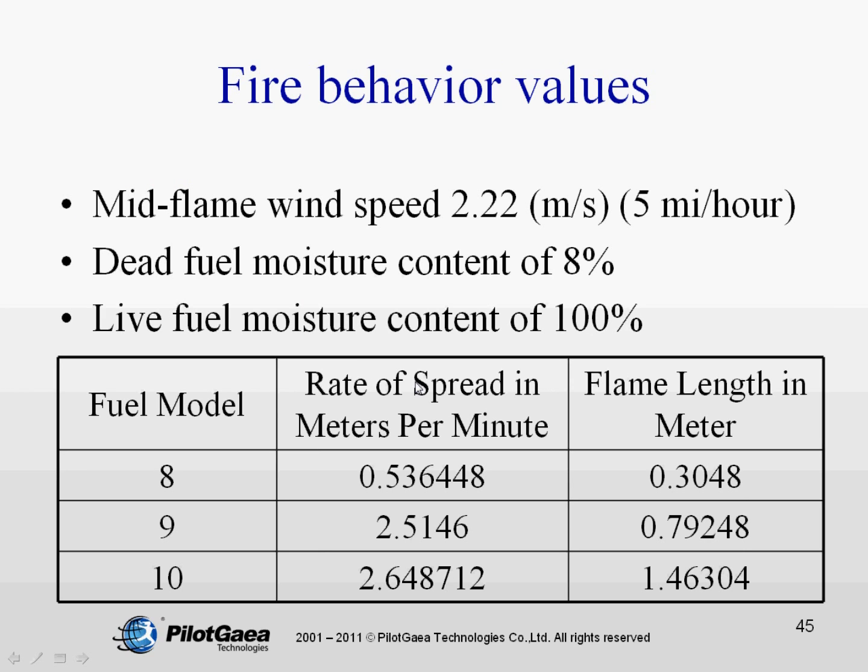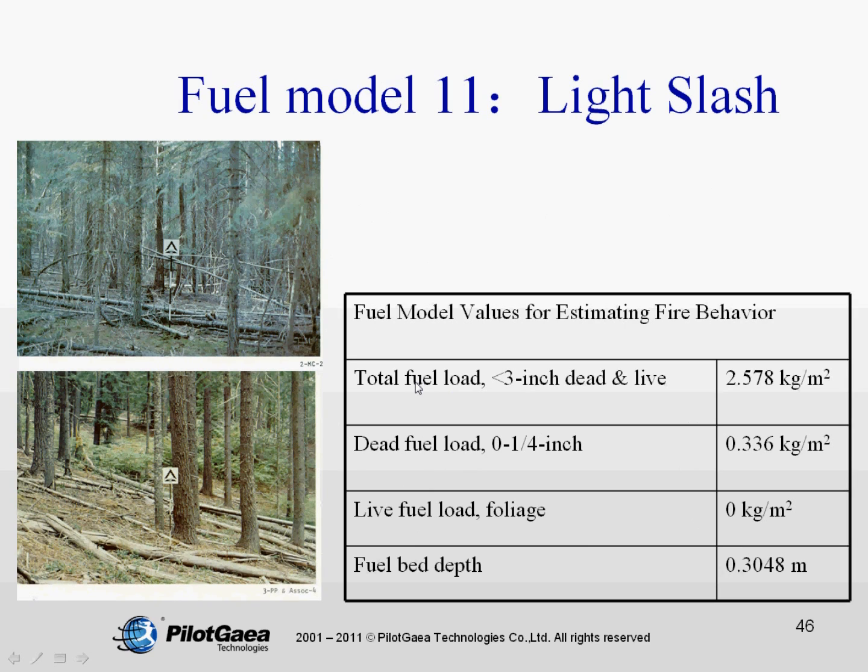The 13 types of models are based on the data from the forest fuel types in the USA. Therefore, the model has some differences from the model in Taiwan. If the model is going to be applied in Taiwan, the data must be updated from the forest database of Taiwan first.